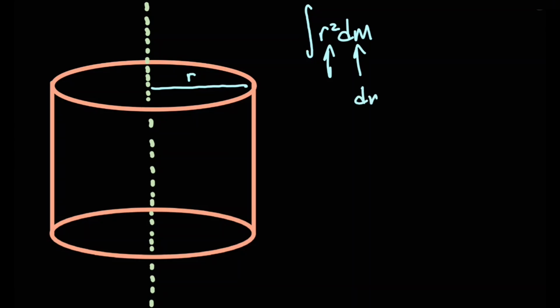So we want this dm to be some sort of dr. And just remember that this dm represents a small, tiny little sliver or tiny mass point in the cylinder that we're trying to find. And we haven't defined it yet, and that's the important part, so we'll figure that out right now. But it's important to know that this r squared is easier just to stay as r squared. It's hard to figure out what radius is given a certain mass. If that's intuitive, I hope that is.